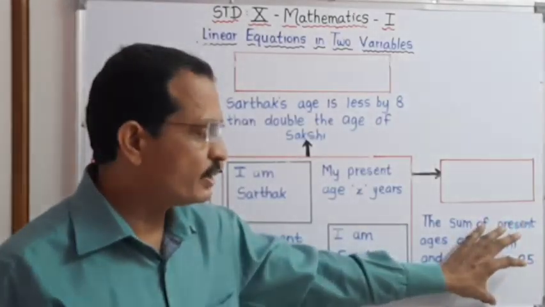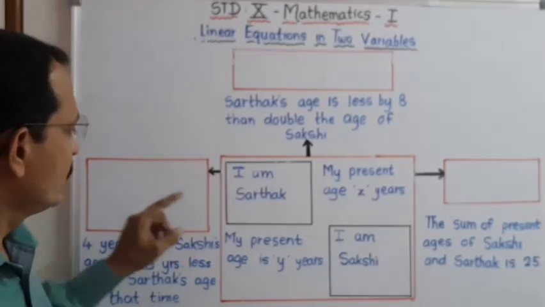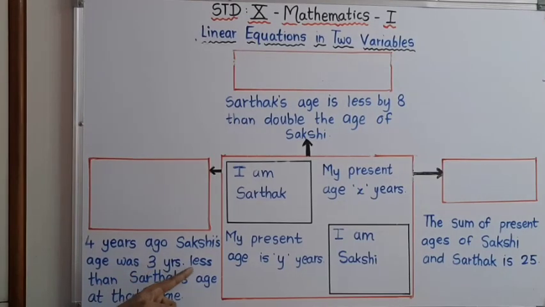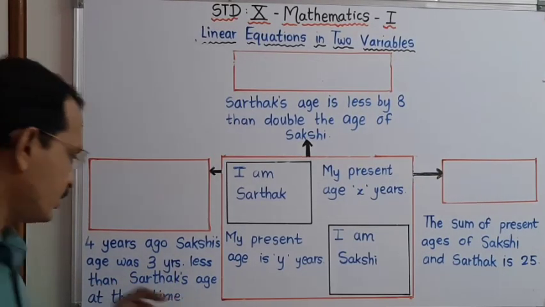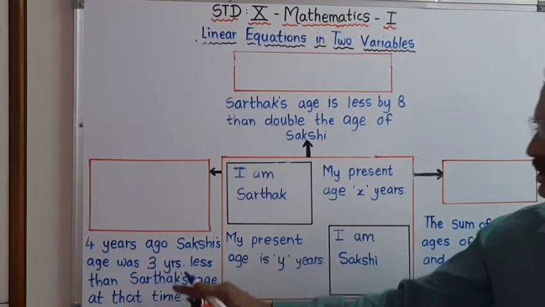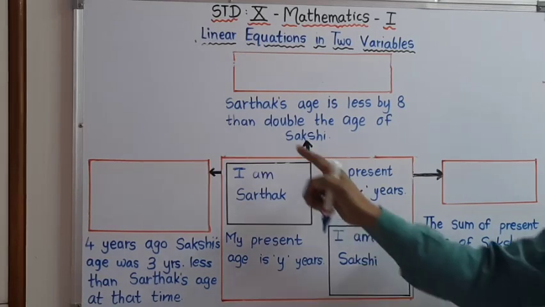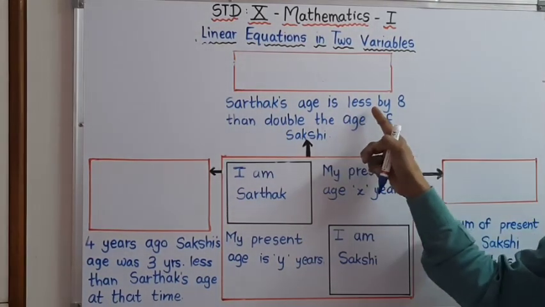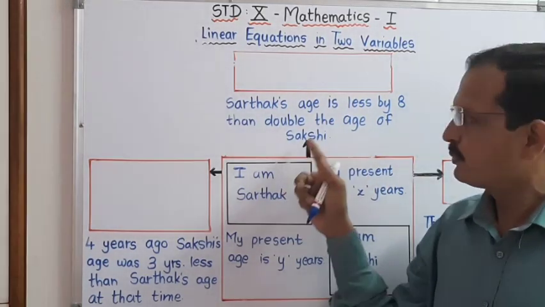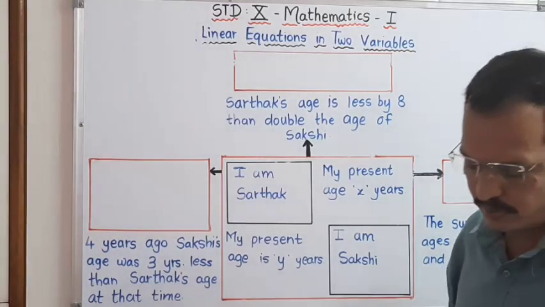We have to write the equation here. 4 years ago, Sakshi's age was 3 years less than Sarthak's age at that time. By using this, we have to fill up this box. And Sarthak's age is less by 8 than double the age of Sakshi. By using this information, we have to frame this equation.